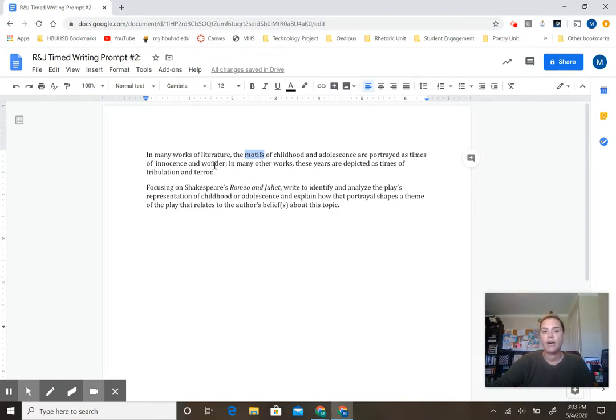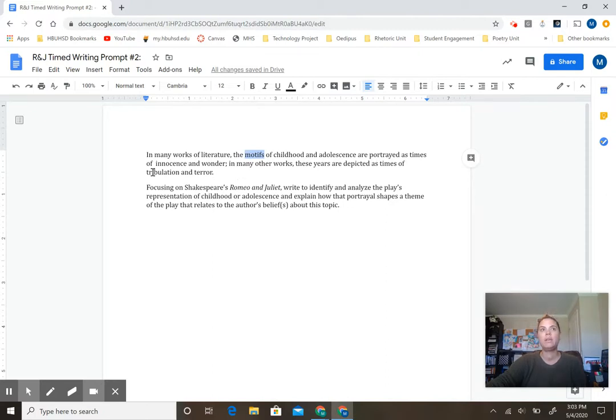And then they are proposing to you that there's one of 2 options as presented throughout literature, that these times are innocent and wonderful, or these times are tribulation, like trials. So they're full of trials and terror or fear.